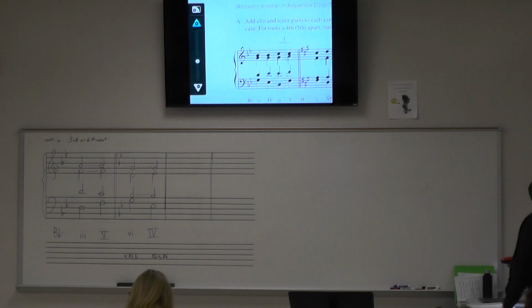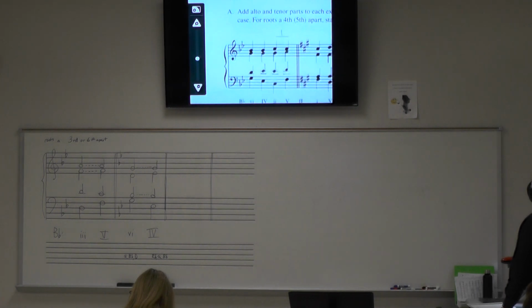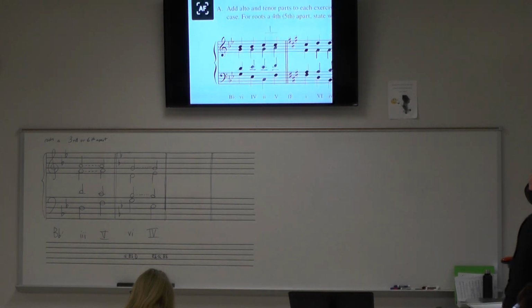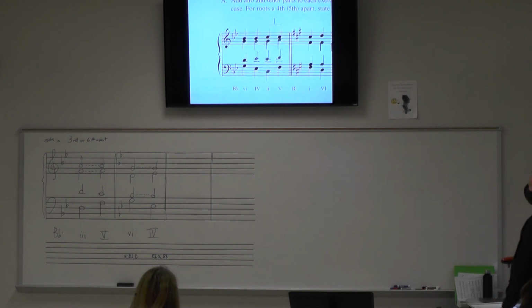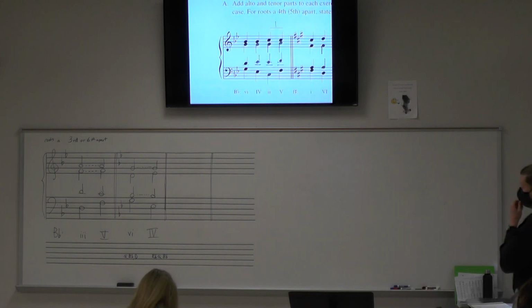There are some nice short examples in your textbook on page 87. Do you see how in the first measure, they've given you the bass and the soprano, or the outer voices, and I have filled in the inner voices, the alto and the tenor?